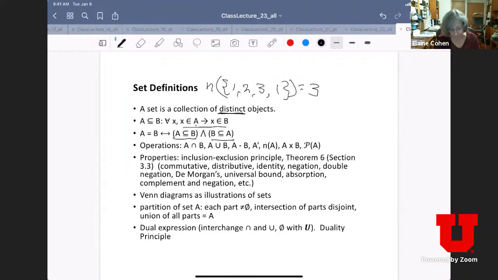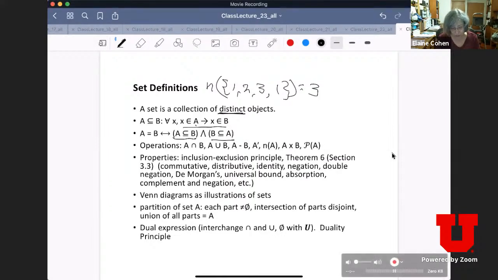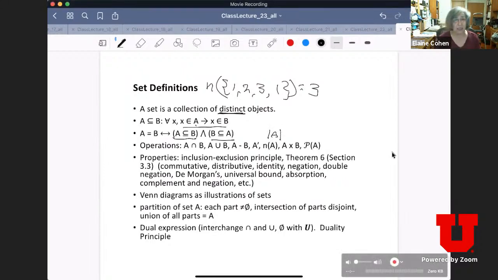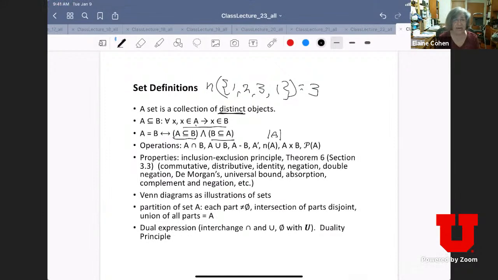Remember, we have the operations intersection, union, complement, difference, and the number of elements, which we write N of A, which is also written as the absolute value of A. They're both read that way. We had Cartesian products of sets, and we had the power set. Power sets are a big deal.